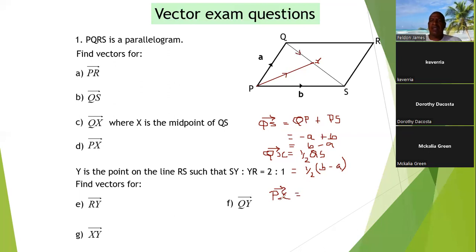So we see that PX is equal to PQ plus QX.